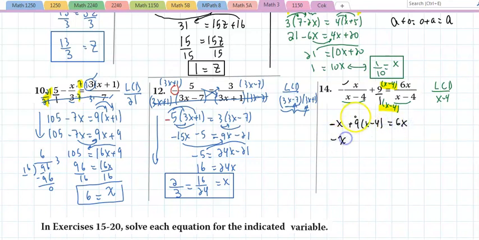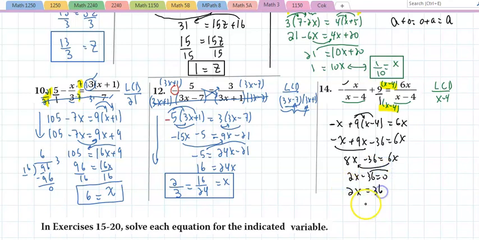Get rid of parentheses, distribute the 9: 9x, negative 36. Combine like terms, that's 8x minus 36 equals 6x. If I move the smaller variable to the larger, that is, subtract 6x from both sides. Now reverse order of operations, move the 36 to the right, that becomes a positive 36.